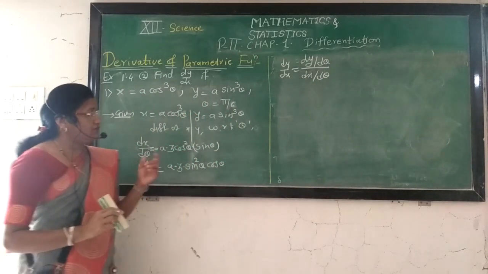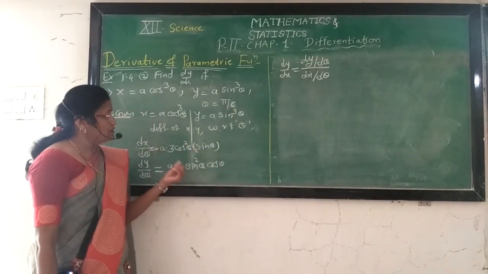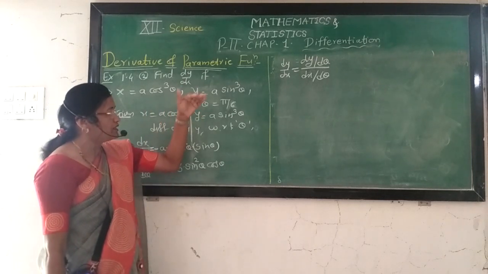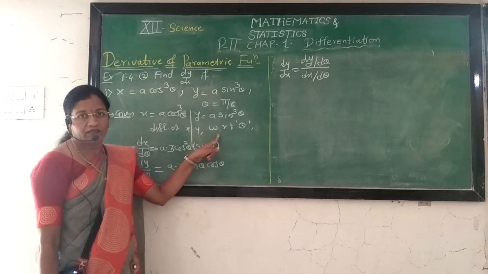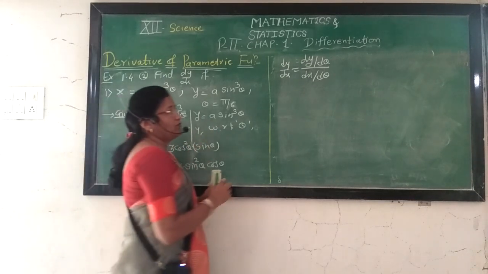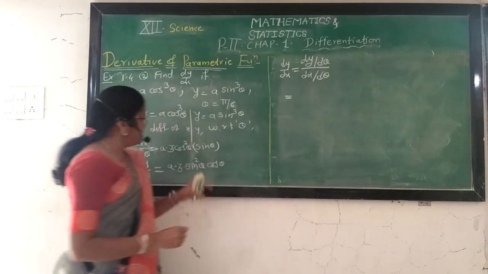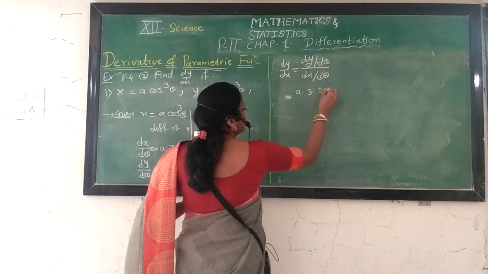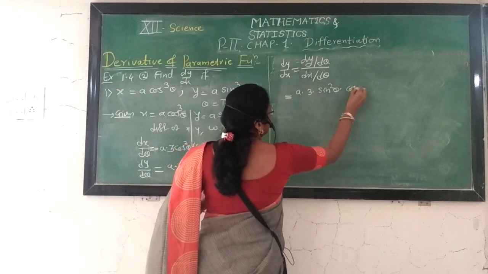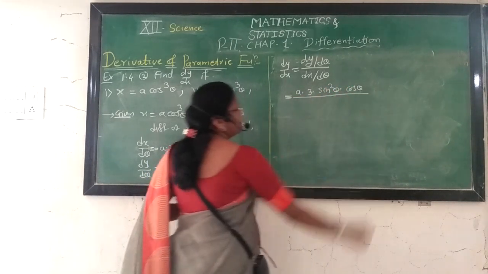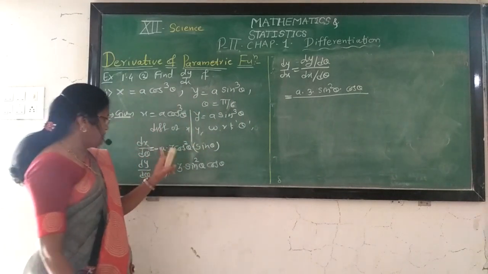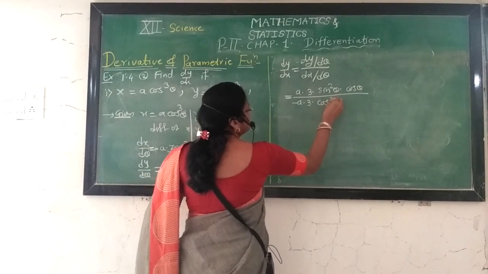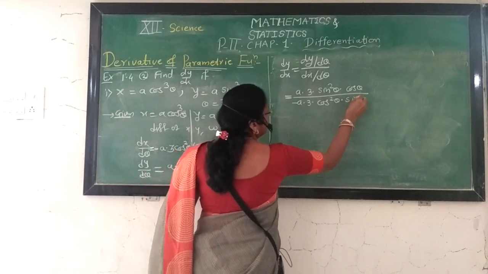Every time you can write this definition, because we first find the derivative of x, and when we apply the result, we write the numerator as the derivative of y with respect to theta. So you can write this formula and take the proper values. dy by d theta is equal to 3a sin square theta into cos theta, divided by minus a into 3 into cos square theta into sin theta.